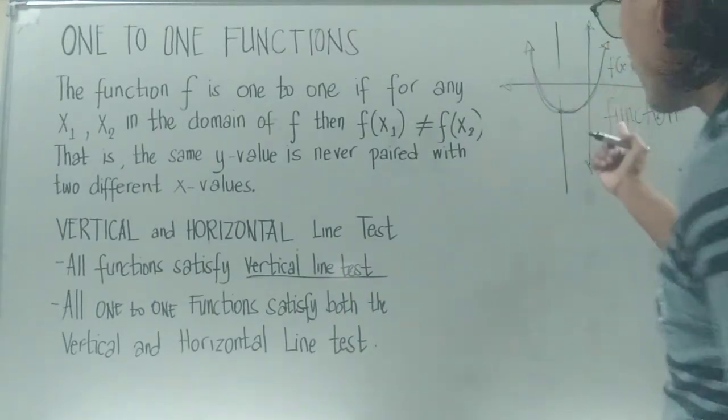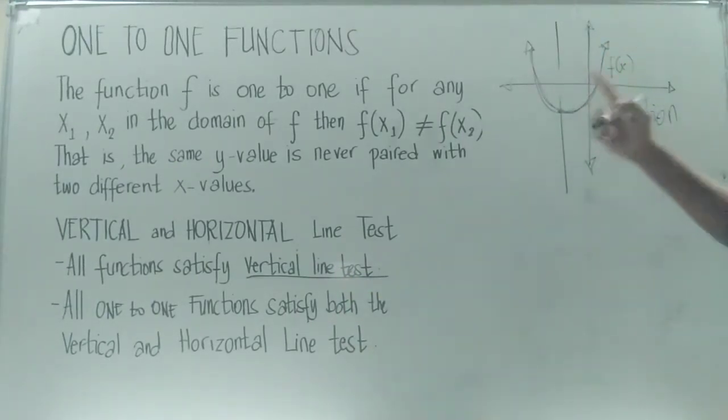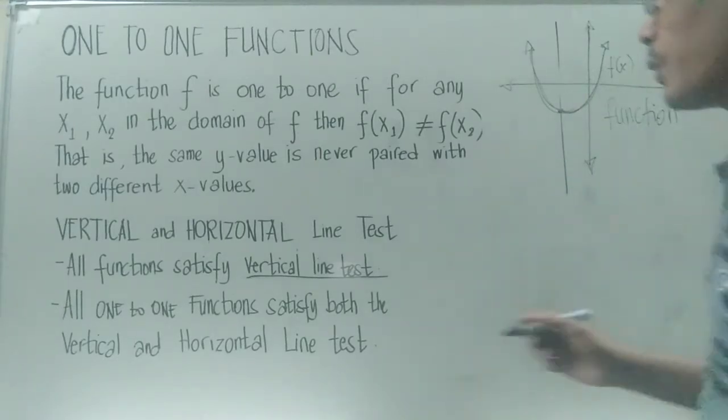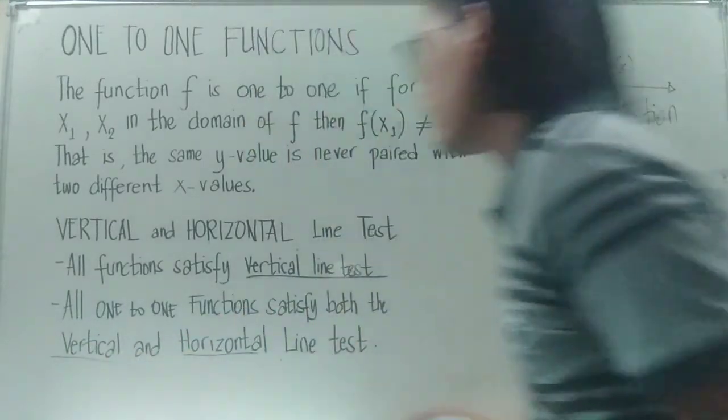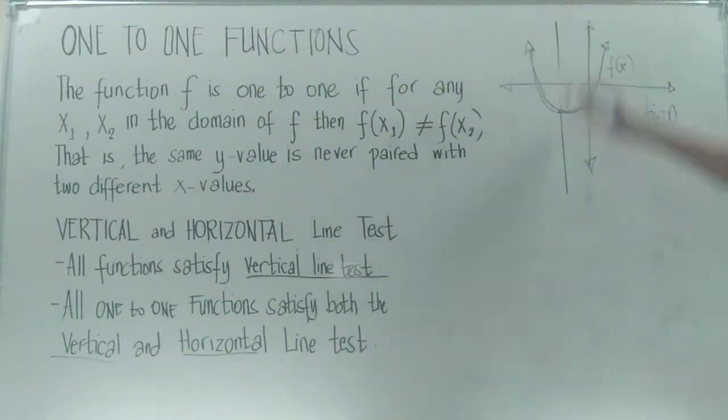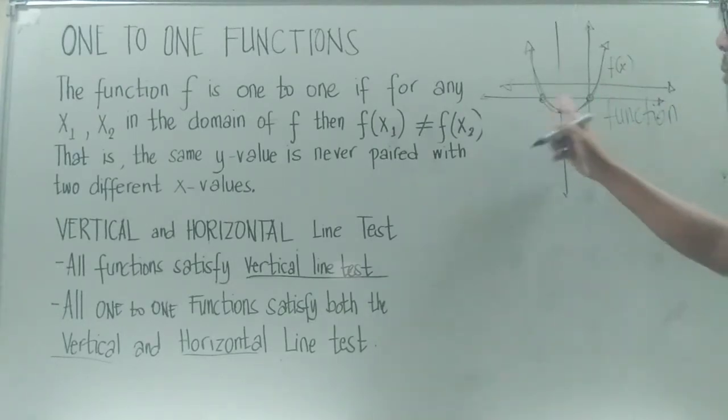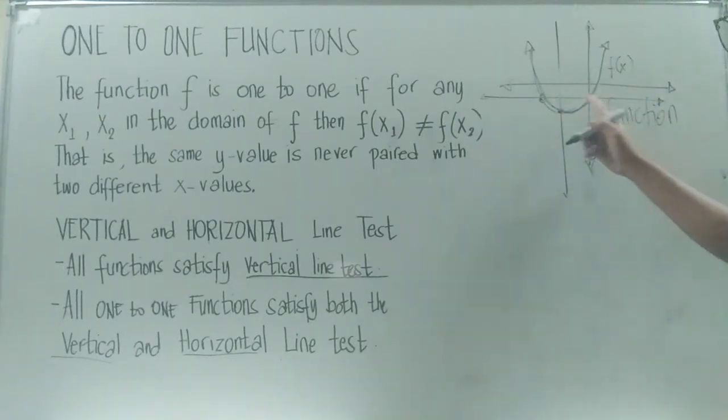But for us to say that this function is a one-to-one function, we have to use both the horizontal and vertical line tests. If we put a horizontal line, you can see there are two points of intersection in our graph.